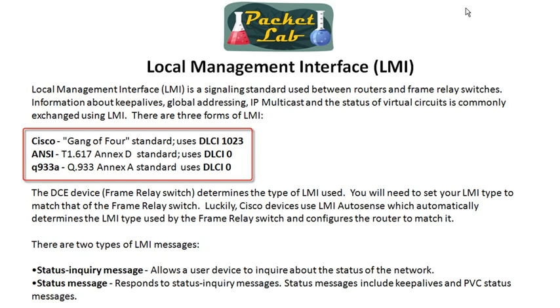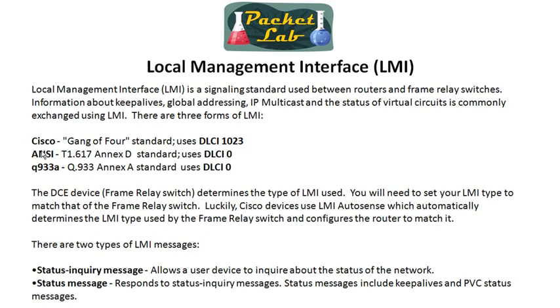Anyway, there are 3 forms of LMI: Cisco, ANSI, and Q933A. ANSI is generally referred to as Annex D, and Q933A is generally referred to as Annex A. Although this LMI type is called Cisco, it's not proprietary to Cisco devices. It's the Gang of 4 standard that we talked about a little bit earlier that was developed in 1990.